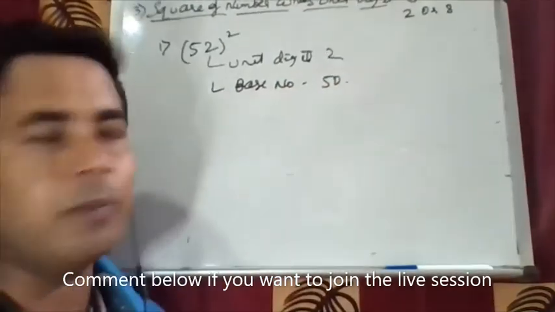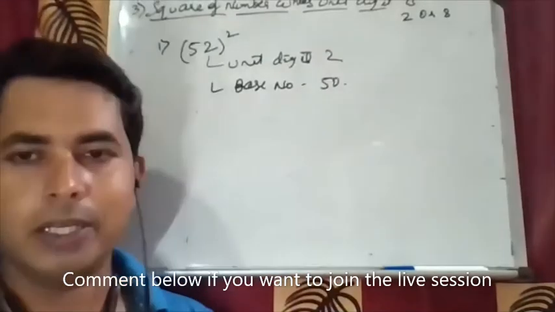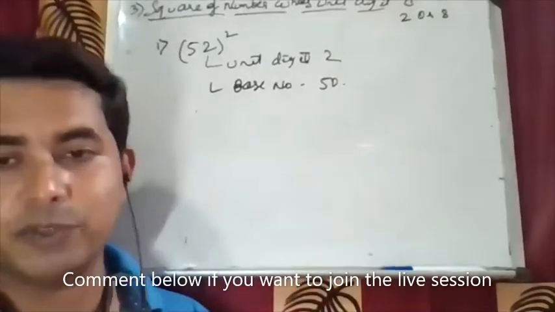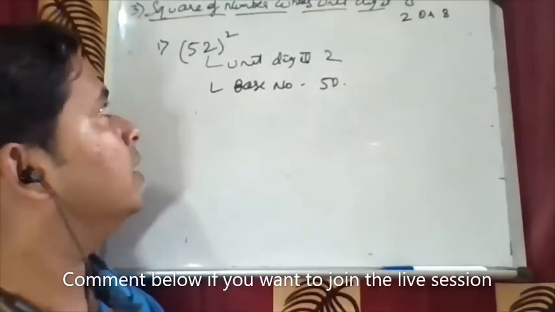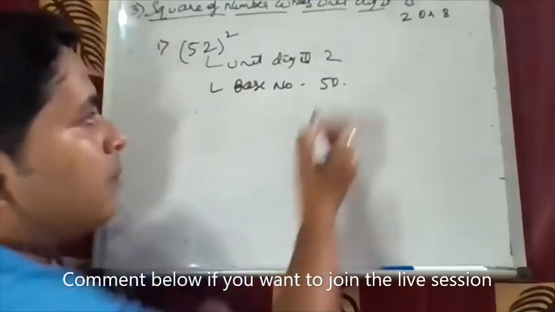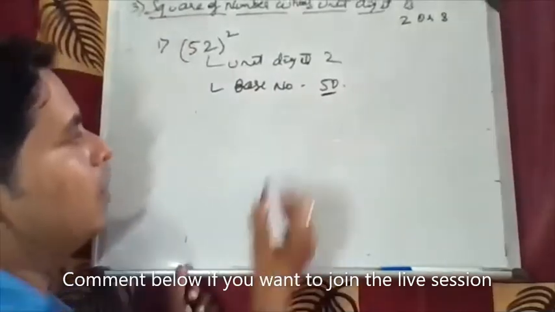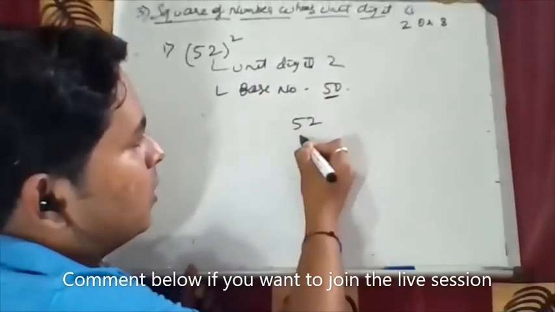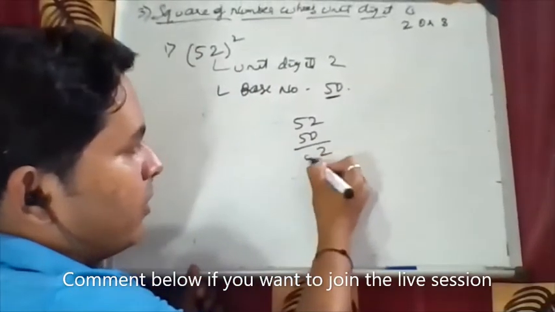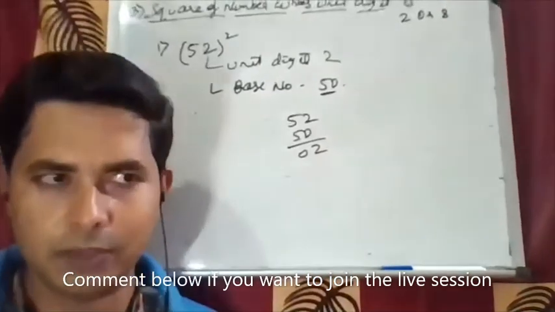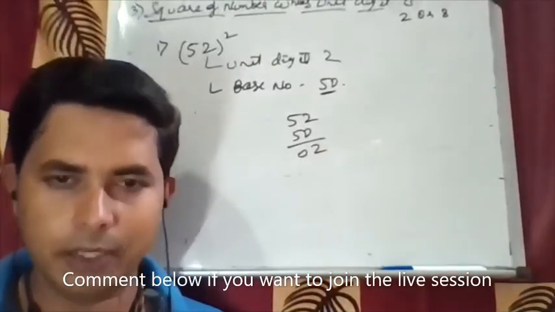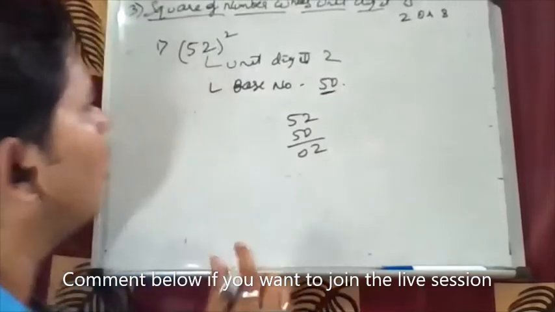Then check how much is added. The given number is 52, so consider both the numbers. Base number is 52 and given number is 52. What is the difference in both? 2 is the difference. So how to do it now?